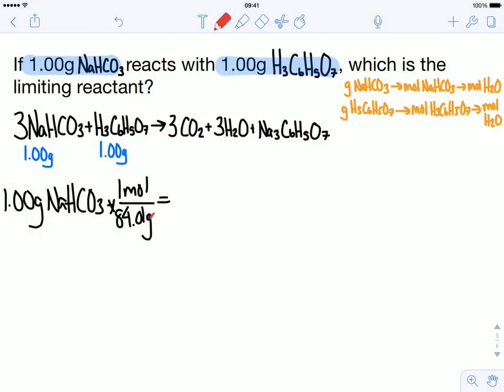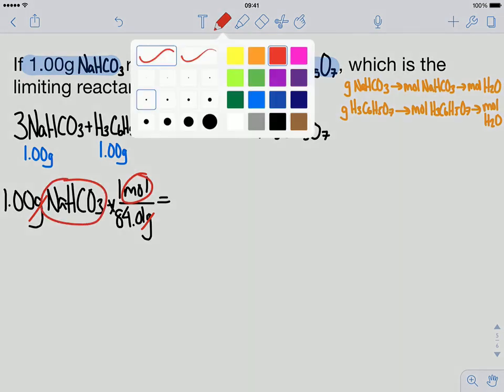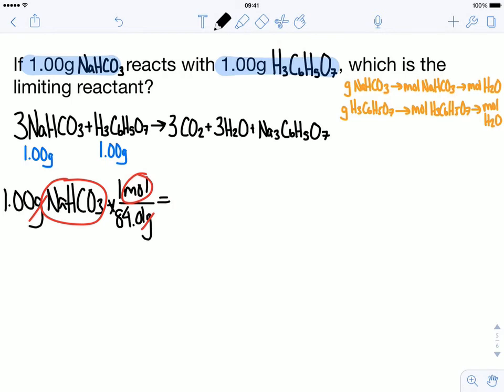And now for our units, grams cancels with grams, and we're left with moles of sodium bicarbonate. So when you put that into your calculator, and try to use 4 significant figures on these intermediate steps. I know I've said it before, but with 4 significant figures, you usually won't have any rounding errors. So 0.01190 moles of NaHCO3. Okay, so we did this step right here, grams to moles.